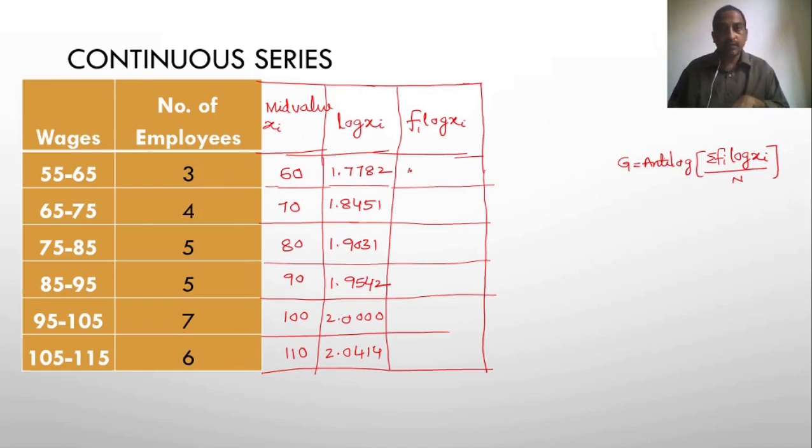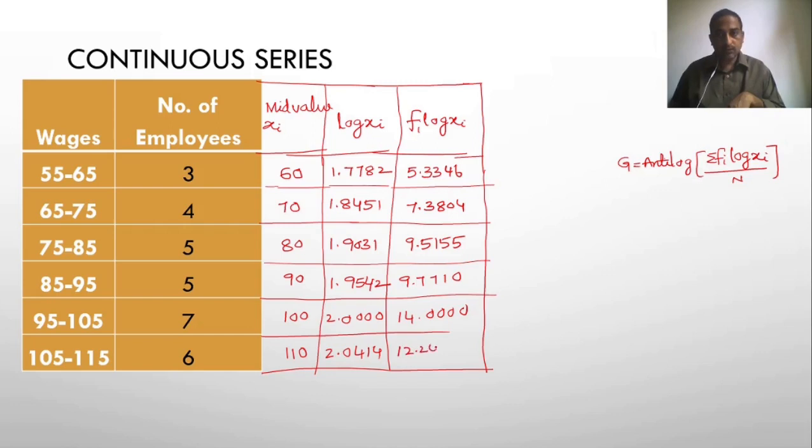Now you multiply the log value by the respective frequency. You are getting 5.3346. 4 into 1.8421 is 7.3804. 5 into 1.9031 is 9.5155, and 5 into 1.9542 is 9.7710. 2 into this is 14.0000, and 6 into this value is 12.2484.